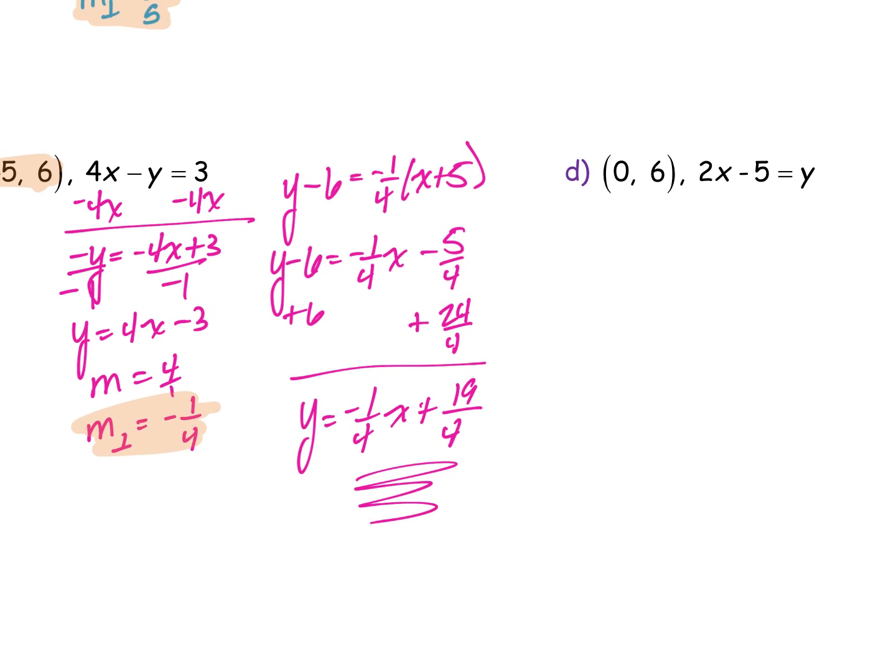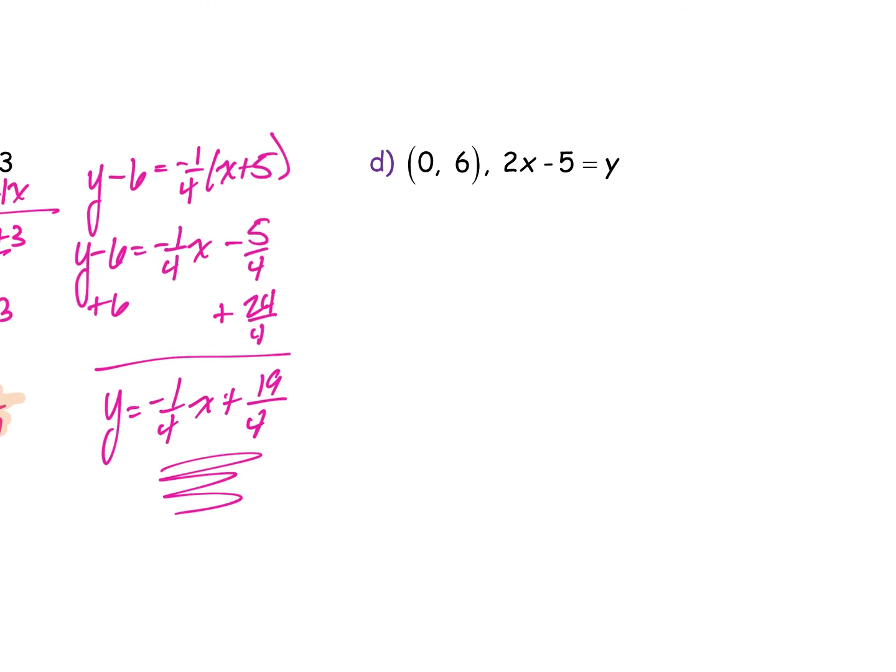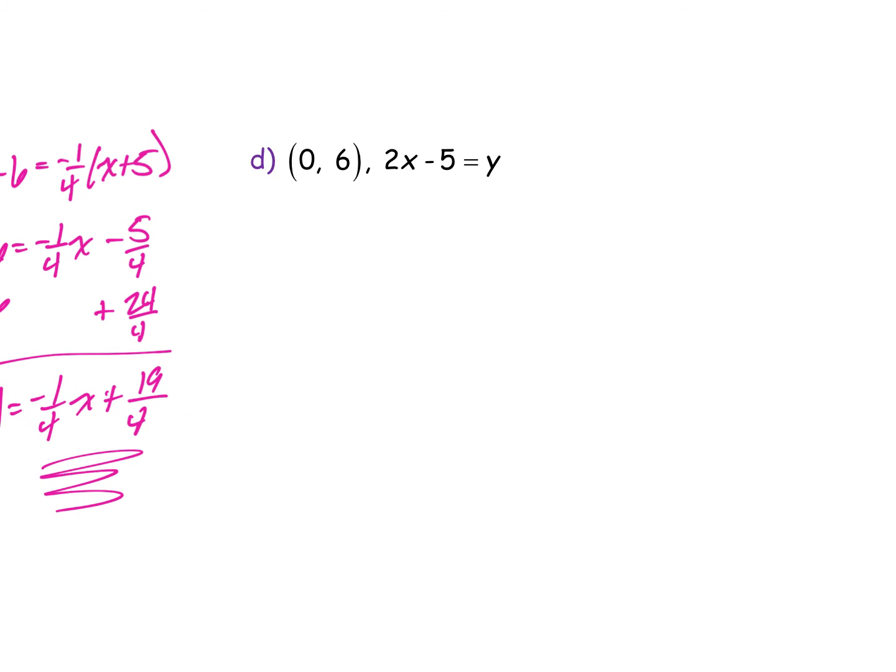And then the last one, oh yay, it's already in the right form. So my slope is 2. The slope of my perpendicular, it helps if you actually do your perpendicular the right way, would be negative 1/2. So this and this.